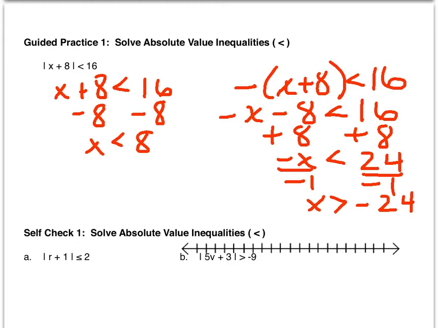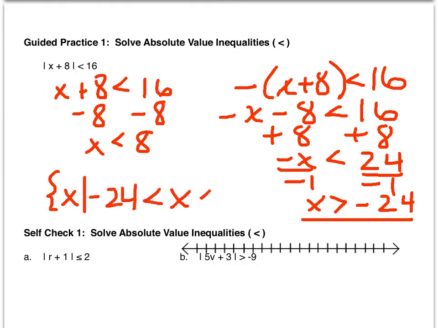So our solution, we're going to look at the one with the smallest answer first, and we're going to flip that around. So we have x such that negative 24 is less than x, and x is less than 8. On a number line, and I've run out of room for the number line, but I'll try to put it up here just so we can see it a little bit.